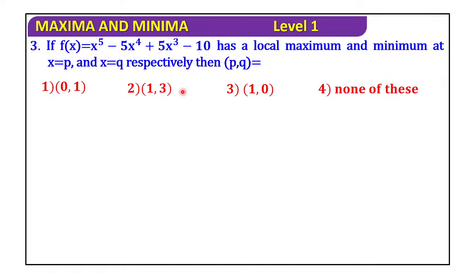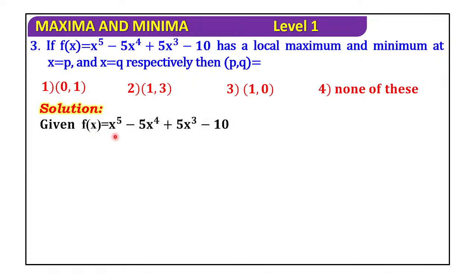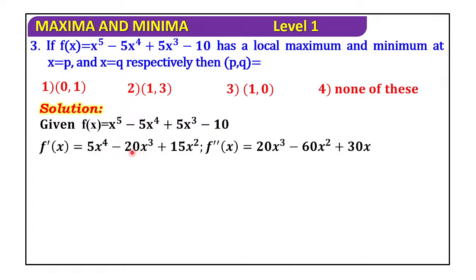Okay, so quickly you can just go through it. The given function f of x equal to x raised to 5 minus 5x raised to 4 plus 5x cube minus 10. Just differentiate it. Once you differentiate this, it will be 5x raised to 4 minus 20x cube plus 15x square, and differentiation of minus 10 is 0.